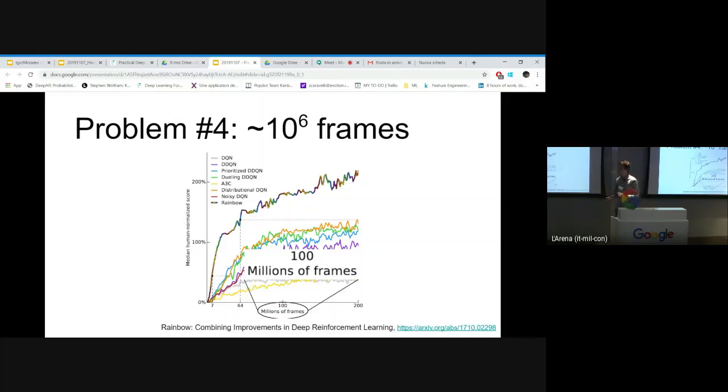It's always unpredictable. You can maybe reach human level in, I don't know, 10 million frames, but then the curve saturates, so you have to wait much more to get a better agent. Okay.